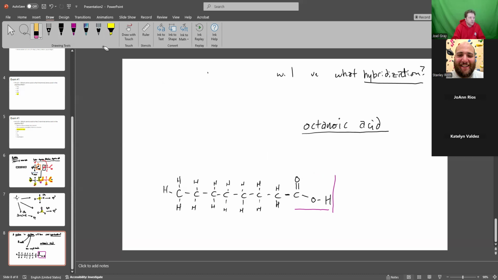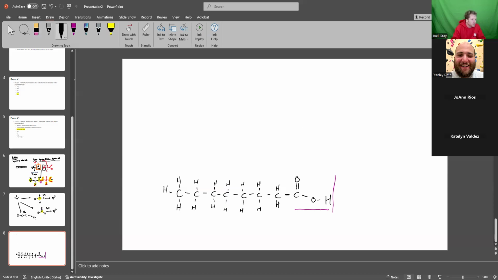And I'm going to take this molecule and give you what I think is a question that you guys can answer, and I might give you on an exam. What is the hybridization of the indicated carbon?